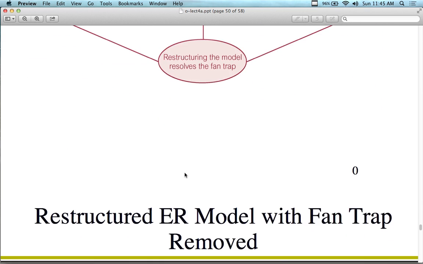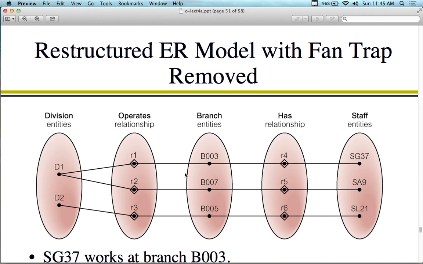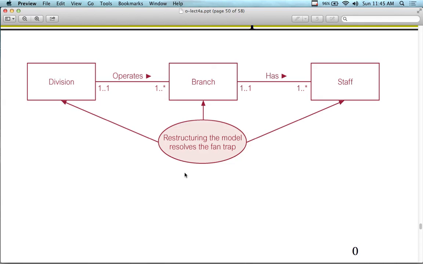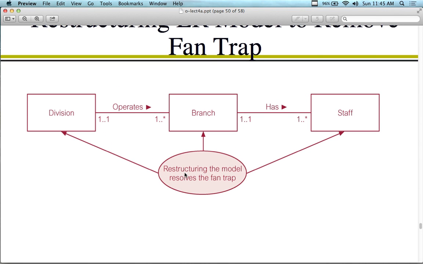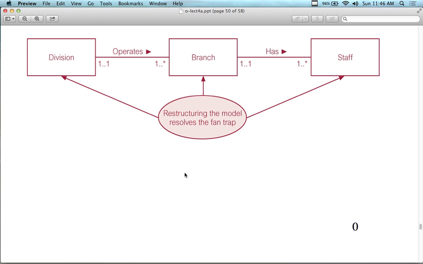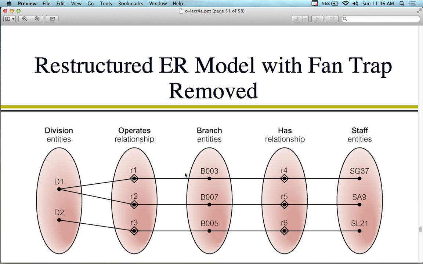Not to worry, I'm not going to take off any points. For these problems, if you correctly identify the entities and the relationships, that's all I'm asking for. I could have made it more difficult and set you up with a fan trap, or given you an ambiguous diagram and had you solve an answer for it.